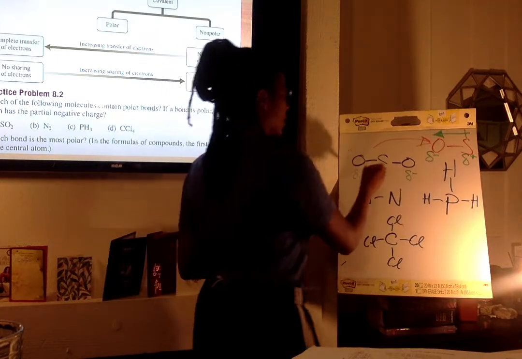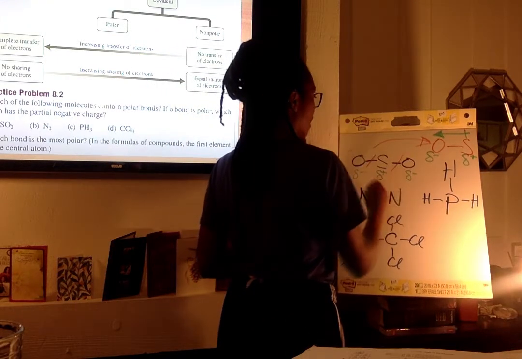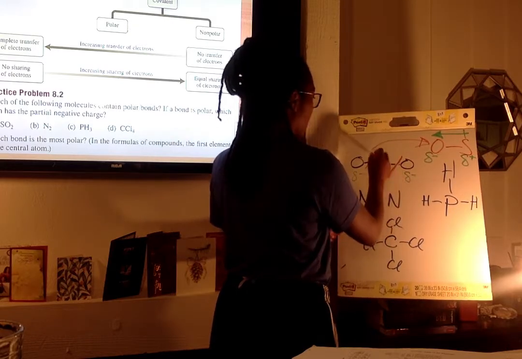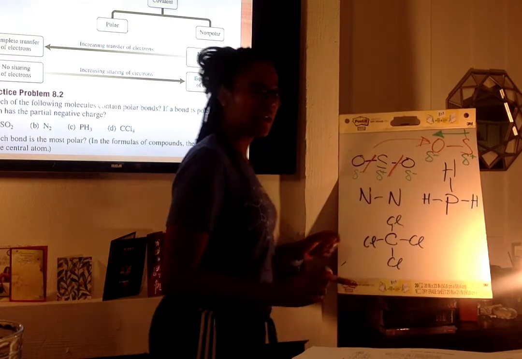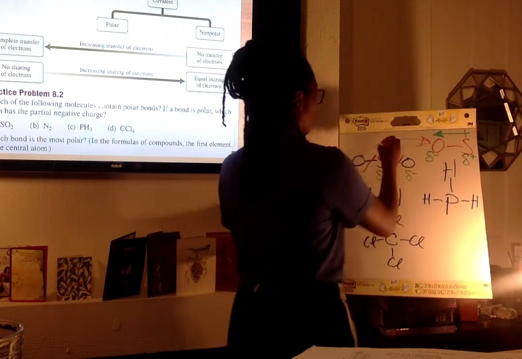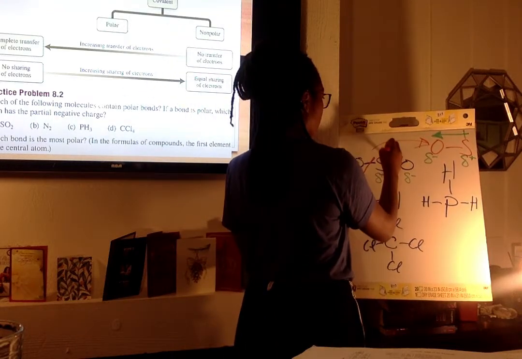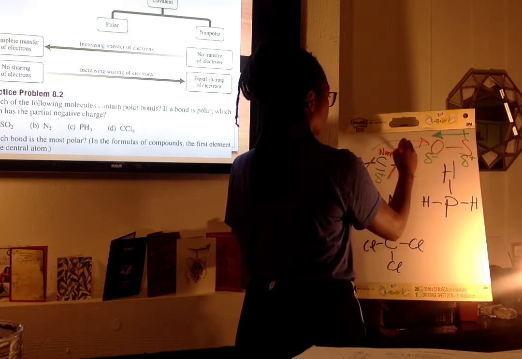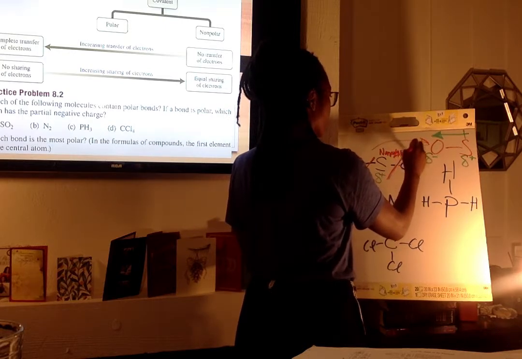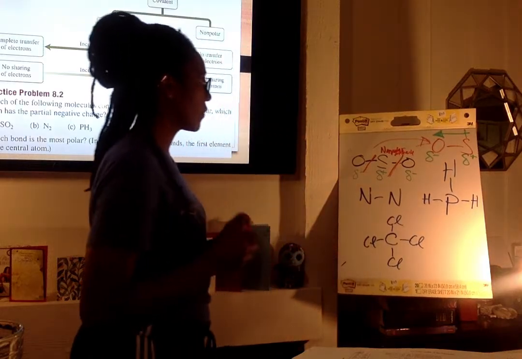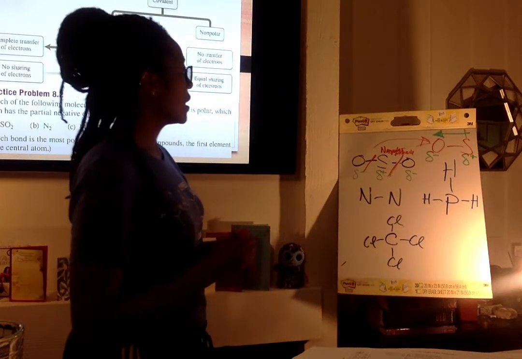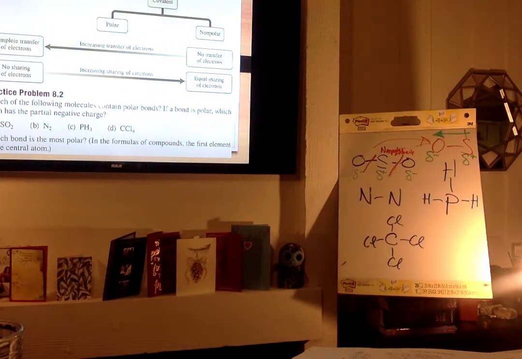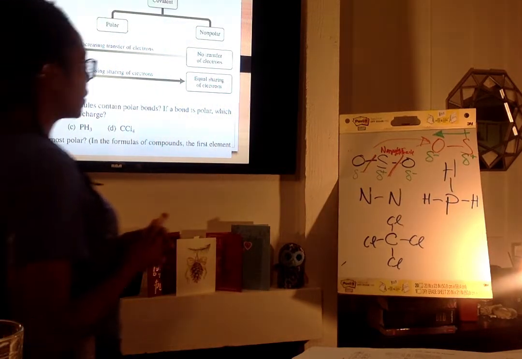So it's almost like these cancel out in terms of being polar, and therefore you have a non-polar molecule. Okay, so this is a non-polar molecule. All right, let's do the next one.